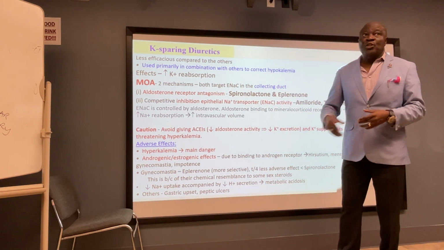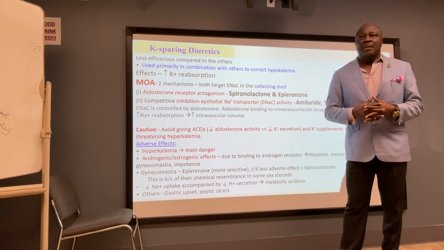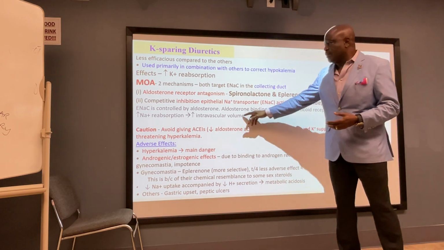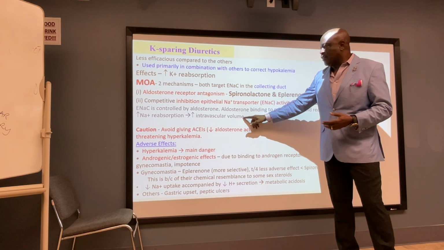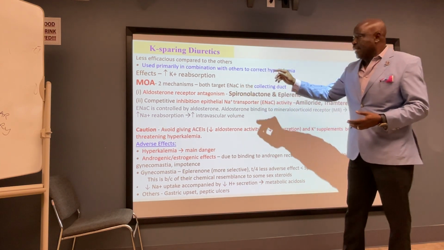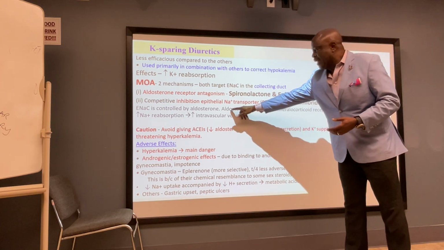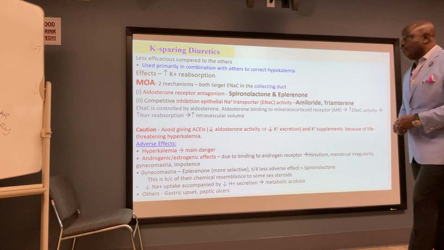And that's why you get sodium retention. When you have agents that stimulate aldosterone, you get sodium retention because of an increase in intravascular volume. But given these agents, you can reverse that effect because you are antagonizing the aldosterone.